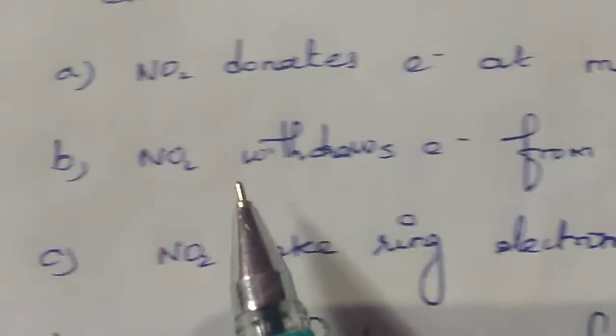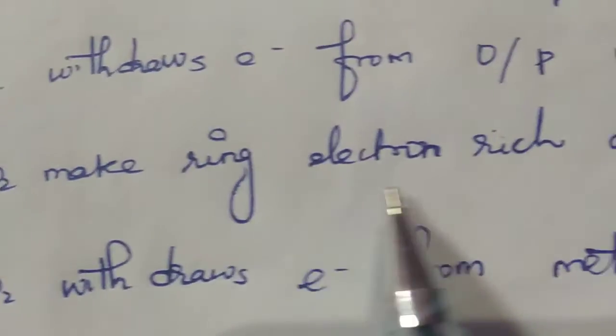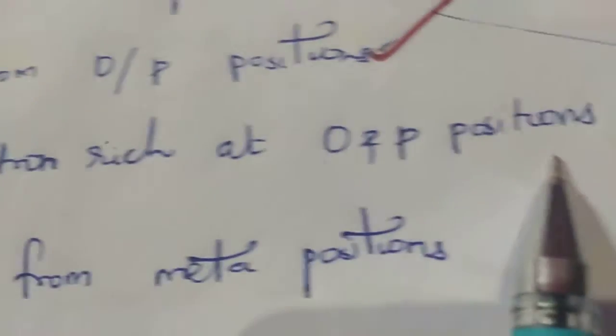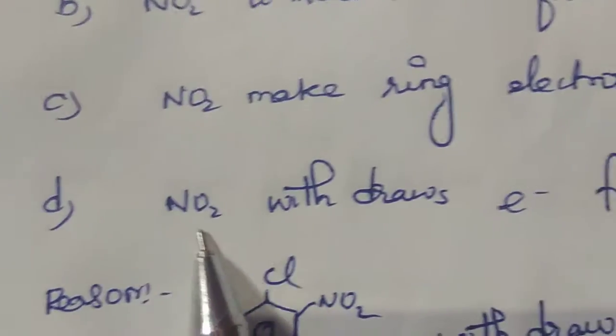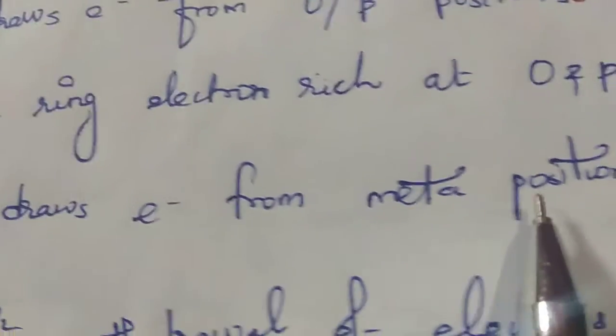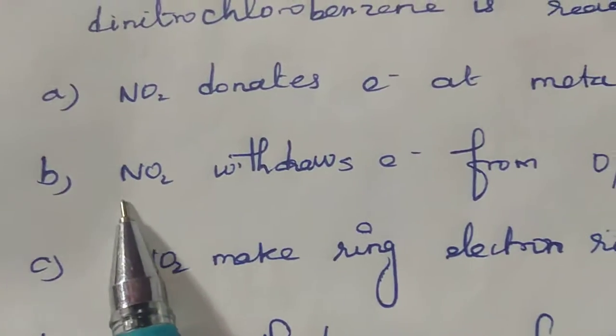This is the A option, this is the B option, this is the C option, this is the D option. The answer is B option.